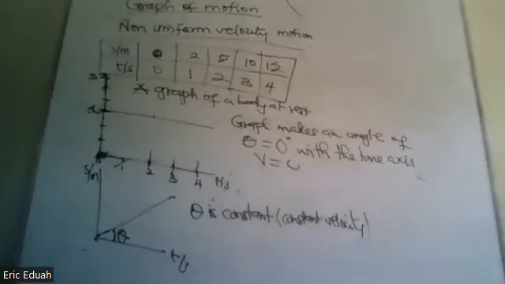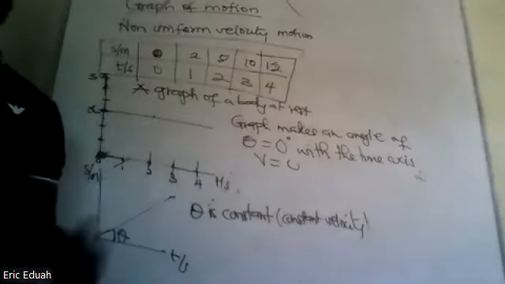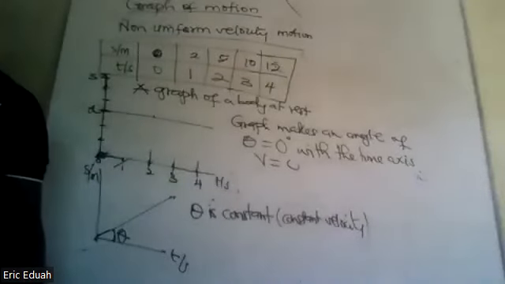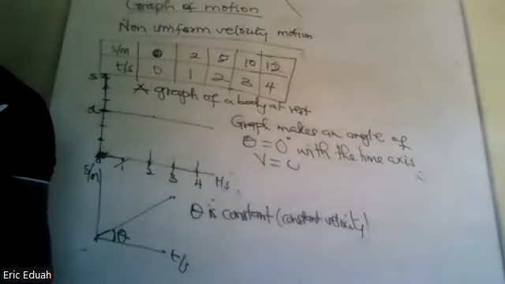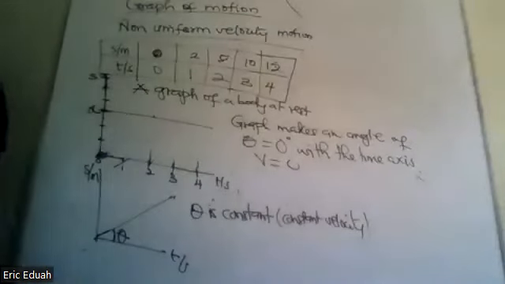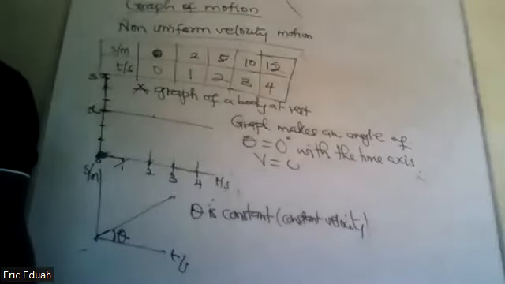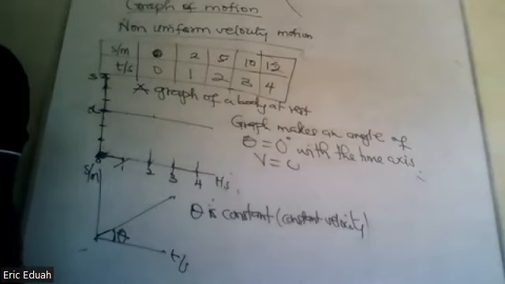Yes, sir. So when the angle between the time axis and the line is 0, then the velocity is 0. If a body has a 0 velocity, what does it mean? It's stationary or at rest.